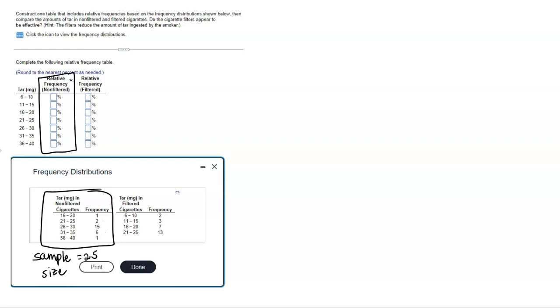So I can get the relative frequencies by taking 1 and dividing it by 25. 1 divided by 25 is 0.04, which written as a percent would be 4%. And we could use that to fill out all of these values. For example, if that's 1, I know the last one also has to be 1.